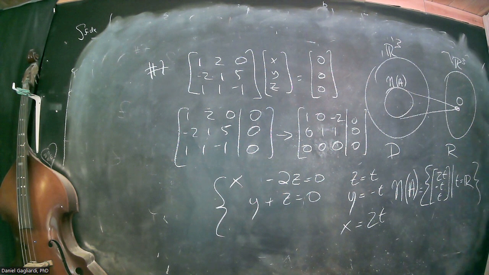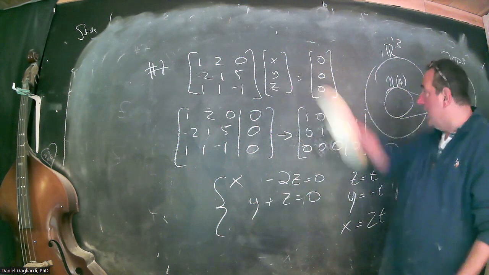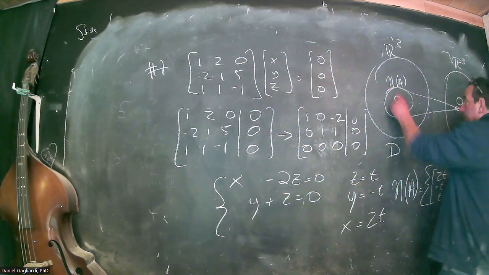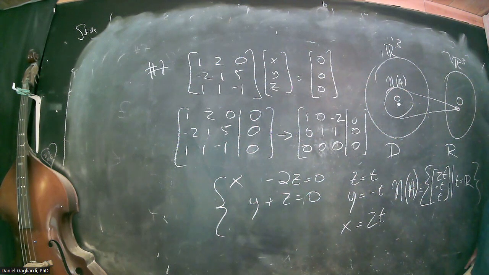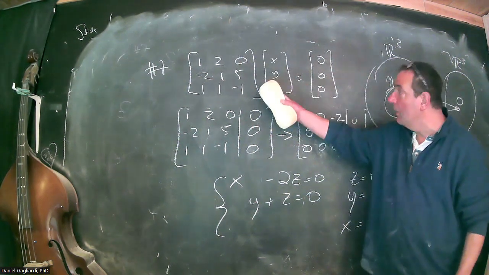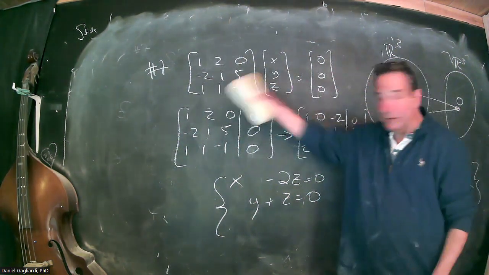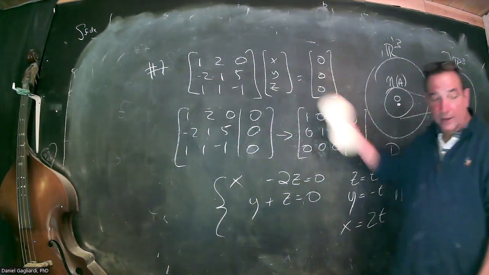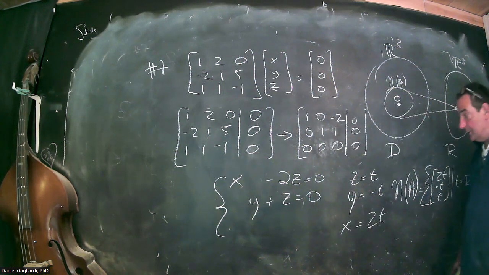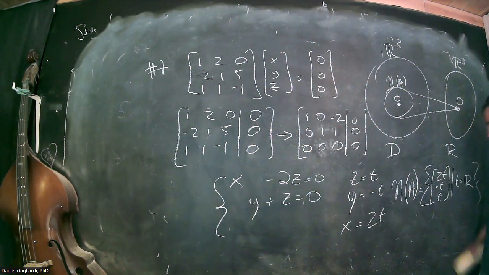T is any real number. Now, of course, if we choose t to be equal to 0, that's not very interesting because x, y, and z will all be equal to 0. And we know that 0 is in the null space of A because if we take the 0 vector and hit it with this 3 by 3 matrix, we get the 0 vector in the range. All right? But let's take t to be something non-trivial, like 1.